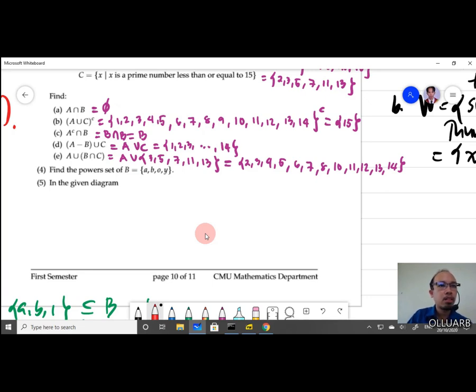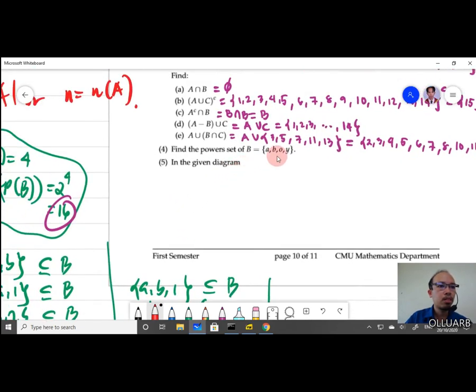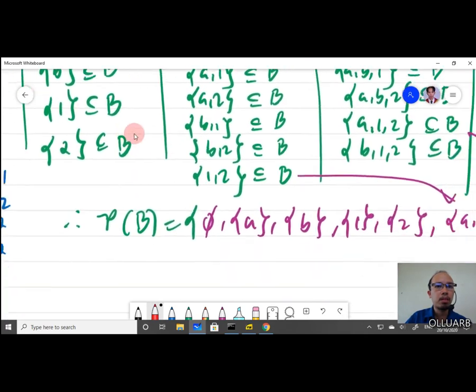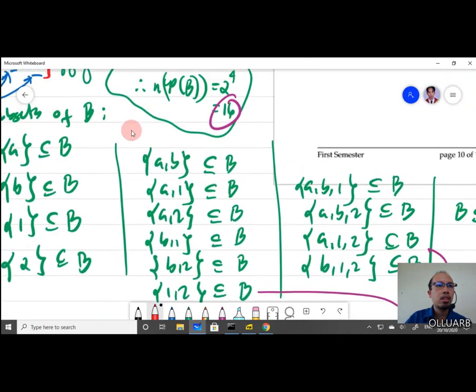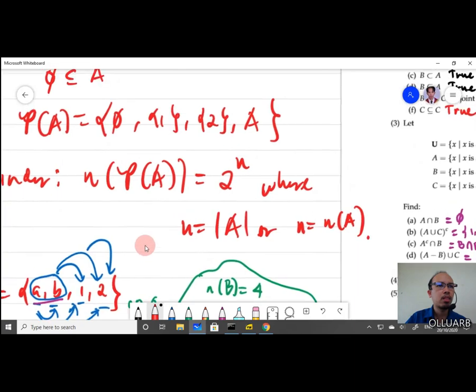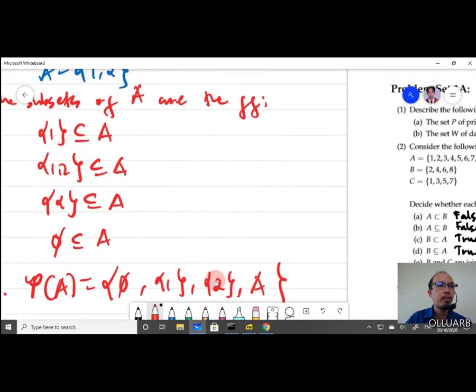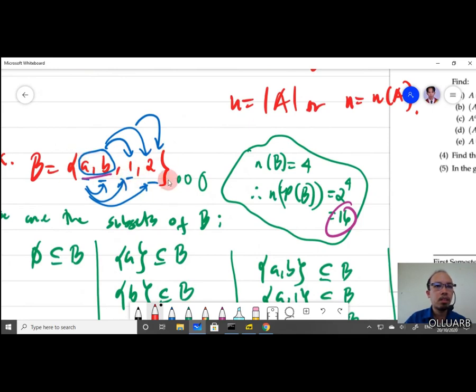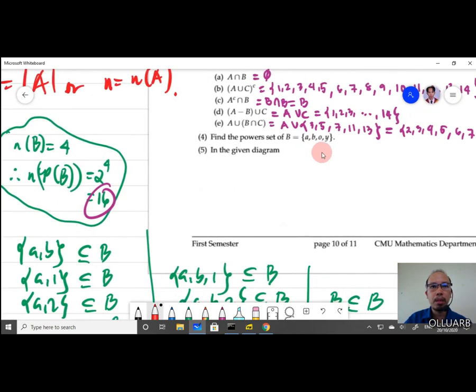This example, a set containing 4 elements. Okay, so all you have to do is compare this problem to the second example.